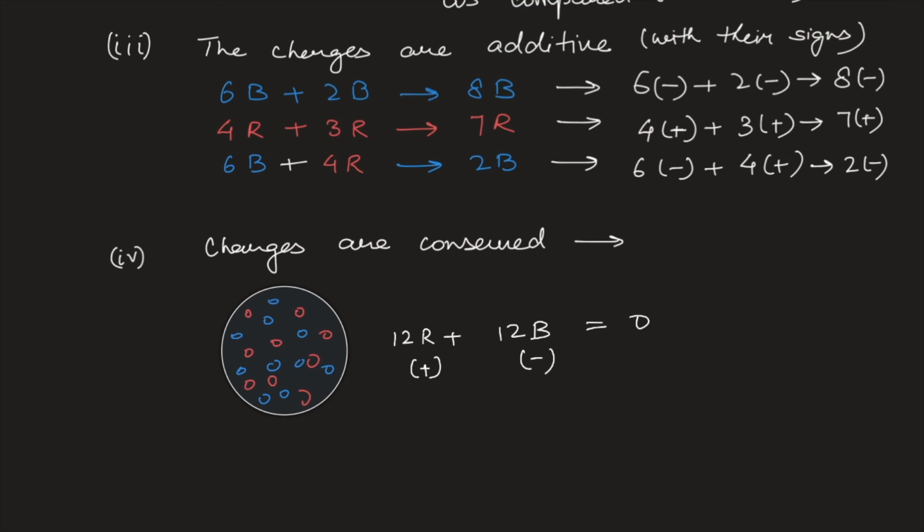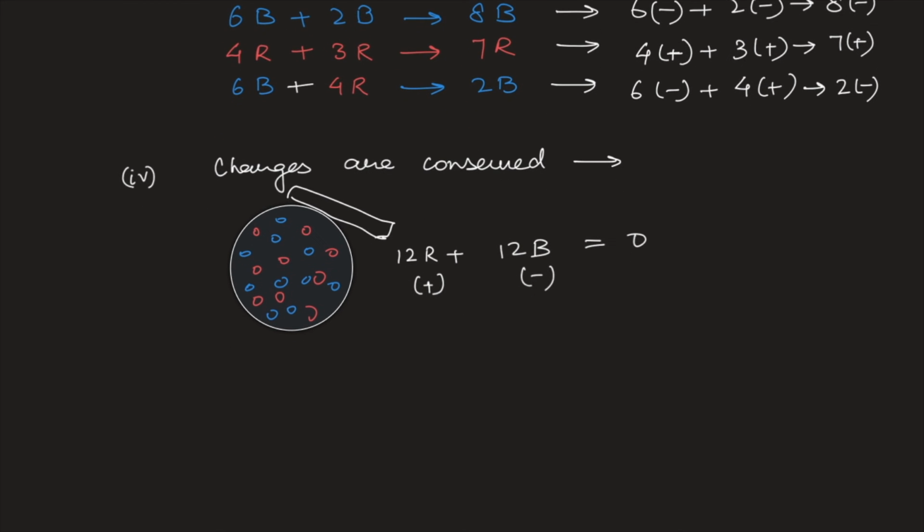Now what happens is, if you start rubbing it with some other material, let's say a comb or something like that, then some charges are actually transferred to the comb. So let's say the comb gets 4 blue charges.